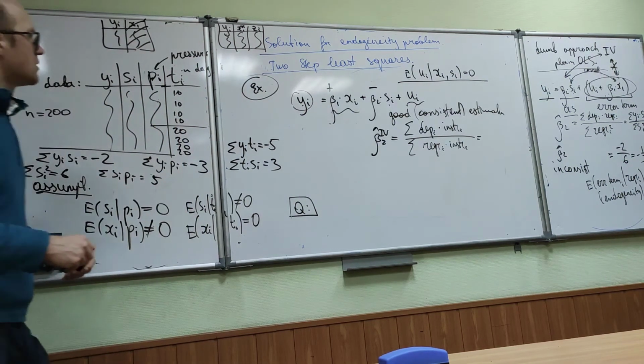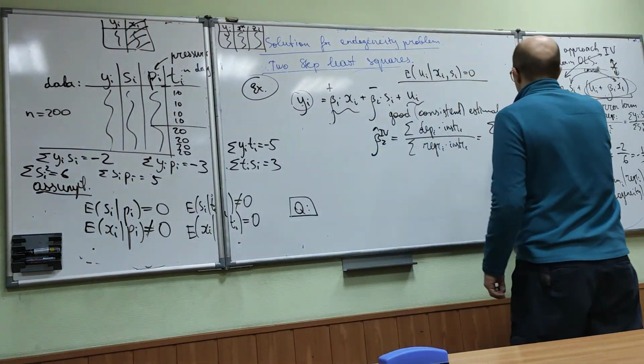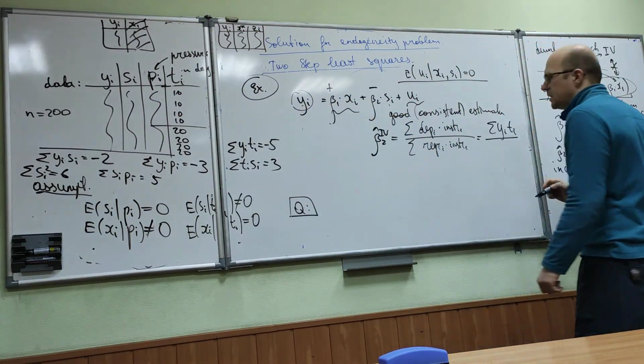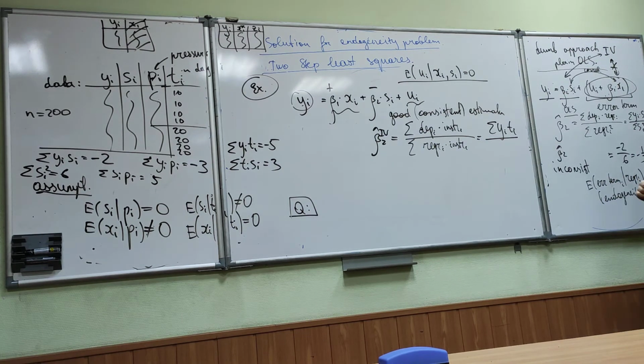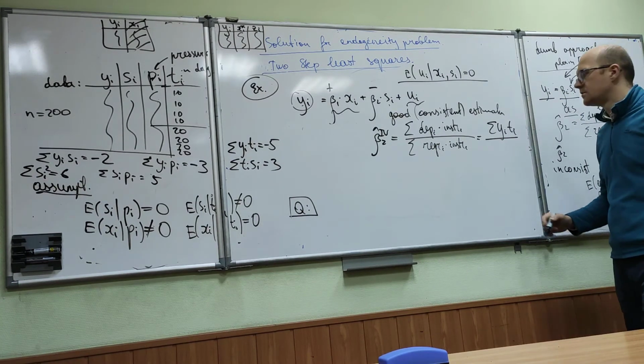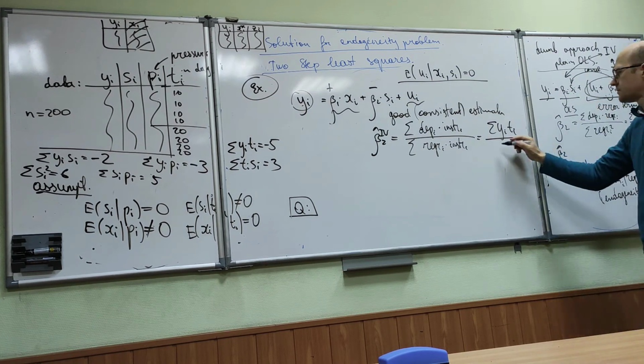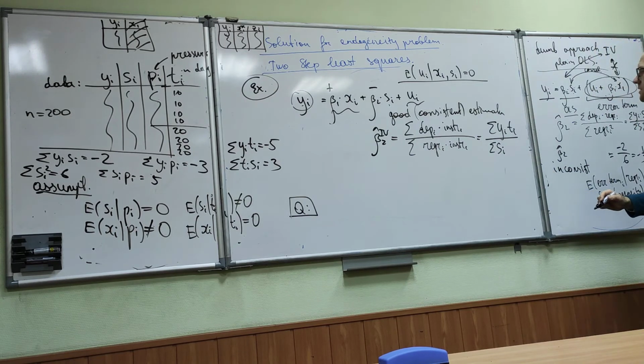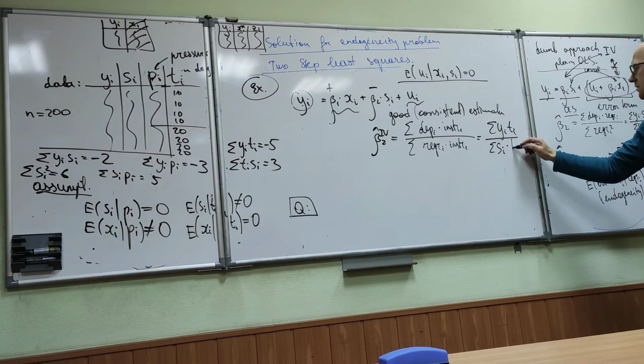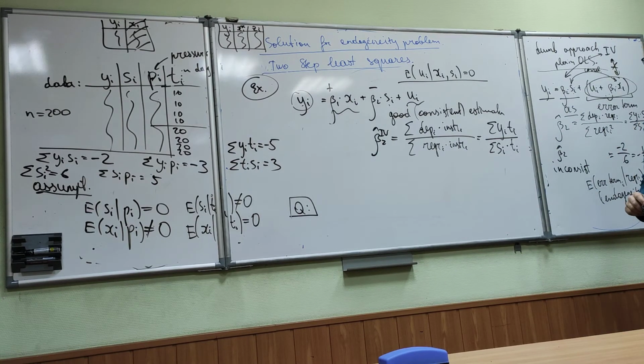So in our case, we use the sum of yt divided by, who is the regressor in our model? The bad regressor that is correlated with the error term is S. So S times T, only T, is the instrument.